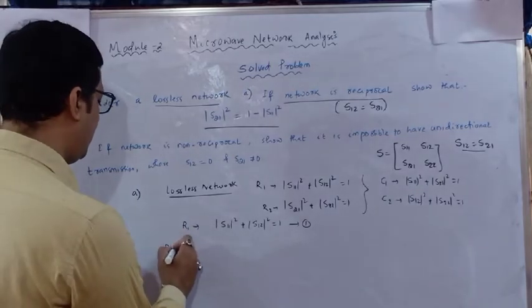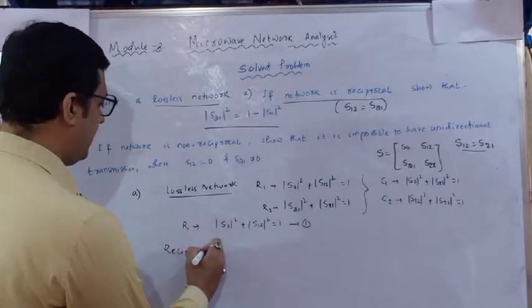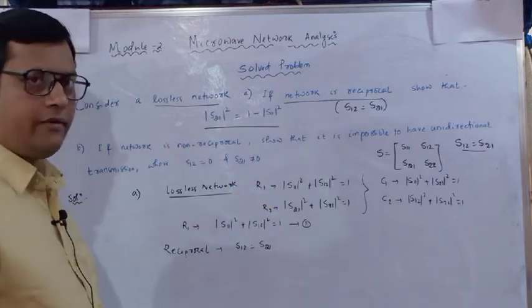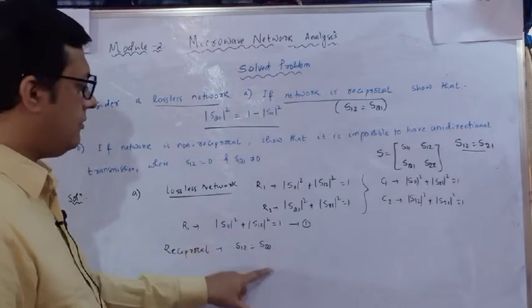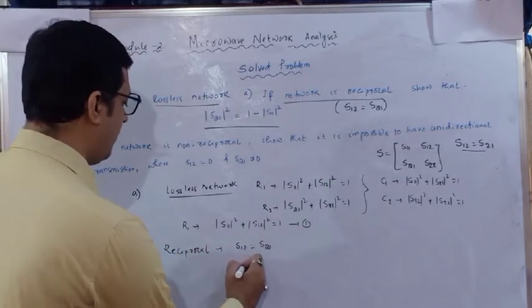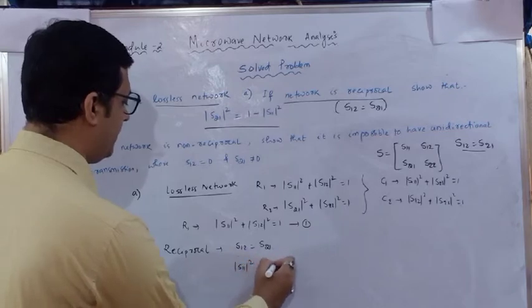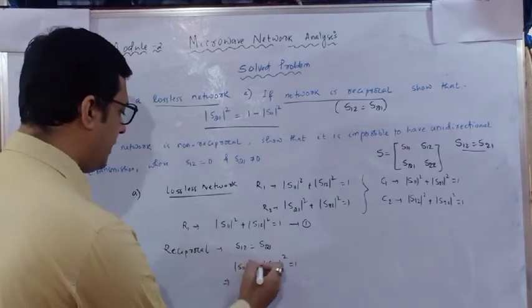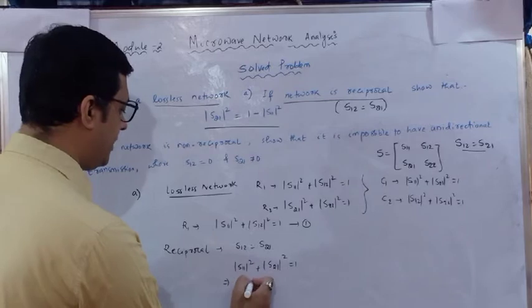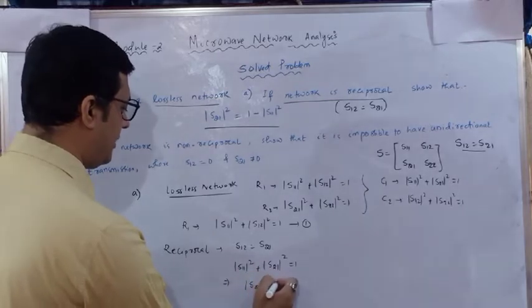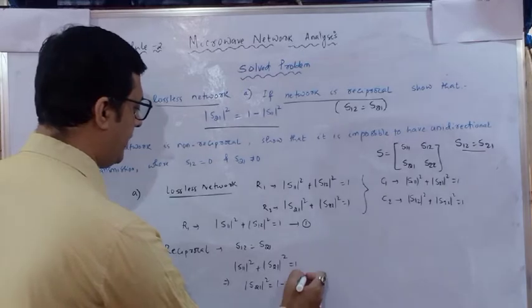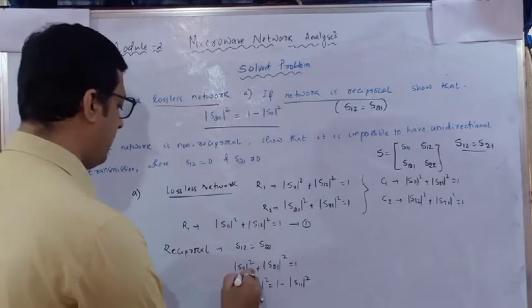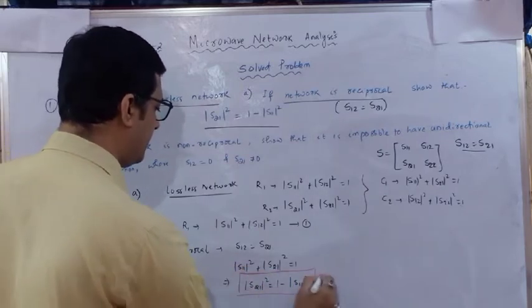So if it is reciprocal, then S12 is equal to S21. I will substitute S21 in place of S12. So it is mod of S11 square plus mod of S21 square is equal to 1. If you take S11 square to the right hand side, you will get mod S21 square is equal to 1 minus mod of S11 square. So this is the equation which we needed to prove. So it is proved.